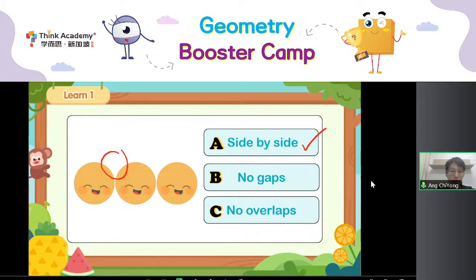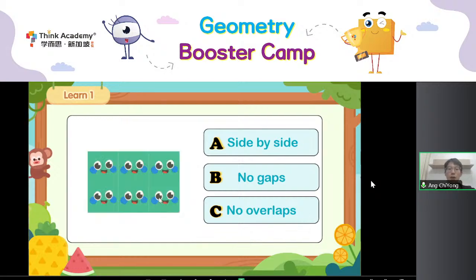Look over here, gaps, gaps, gaps, gaps. Can I put another circle to cover it? Cannot, right? At most, I will have covered this much. This side will never be covered. So this is not tiling. As long as we have a cross, this is not tiling, okay? We don't even need to check the rest.